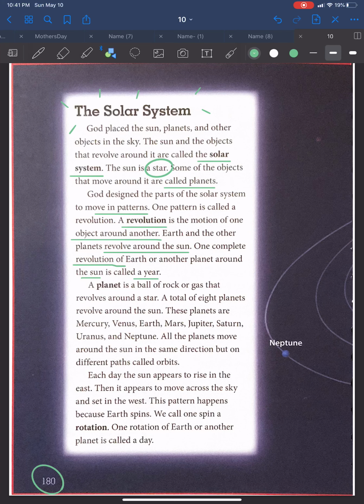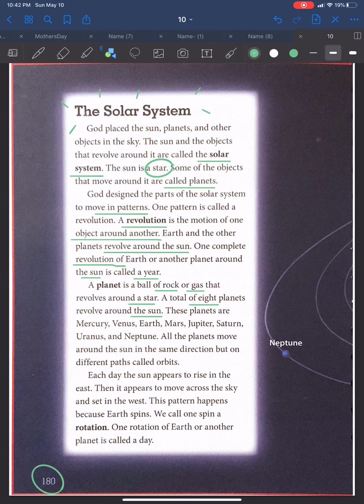Now, our planets can either be a ball of rock or gas. And we'll discover which ones are rocky and which ones are gas planets a little later in the chapter. But they still revolve around a star. And we call our star the sun. Do you know how many planets there are? Well, there are a total of 8 planets. And each of these 8 planets revolve around the sun.